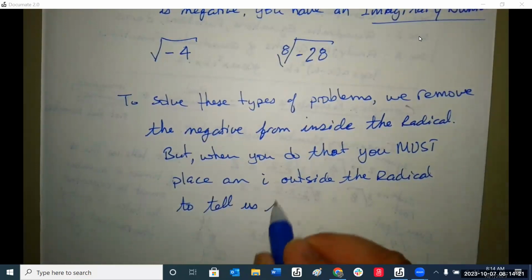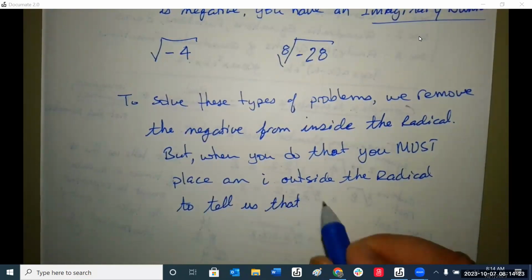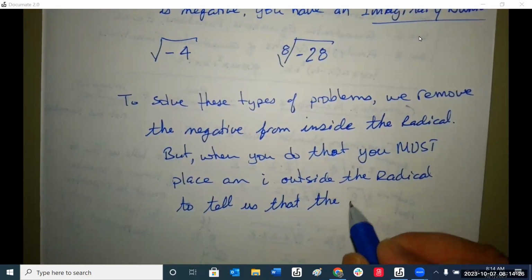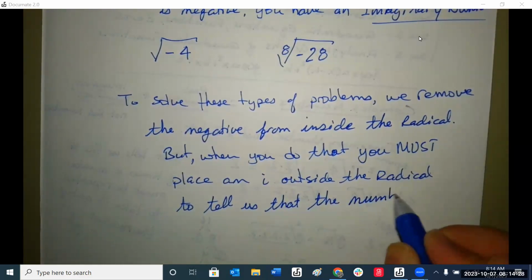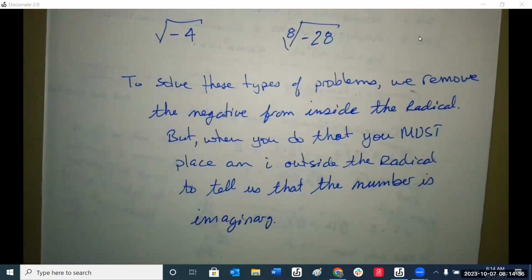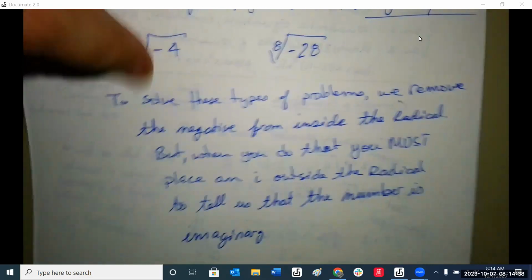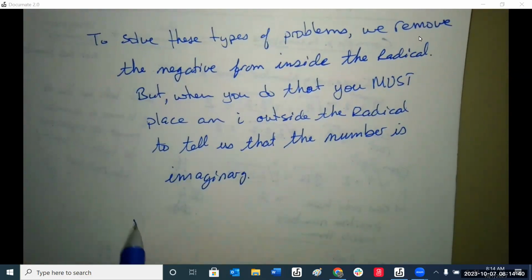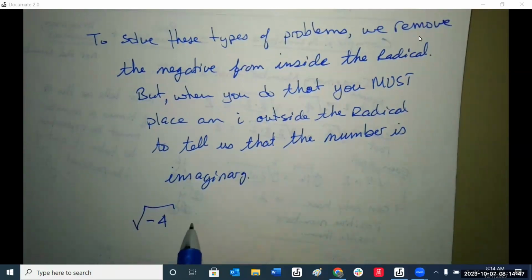Tell us that the number is imaginary. Now, what does all that mean? So if we have the square root of -4, you can't do that because it's an even root.